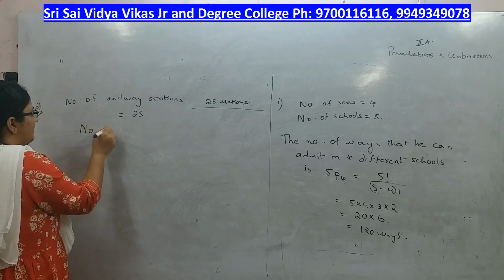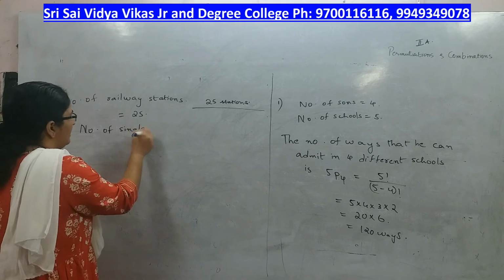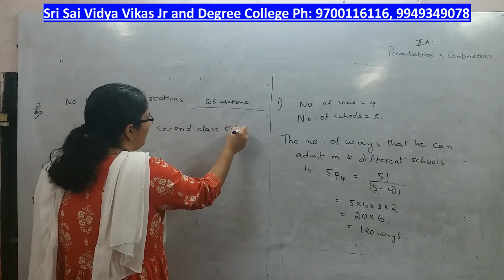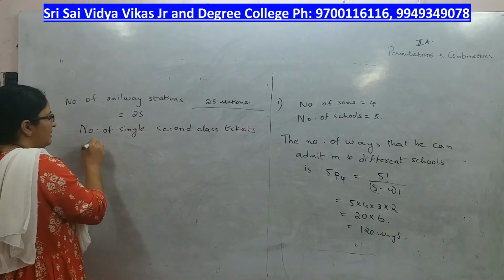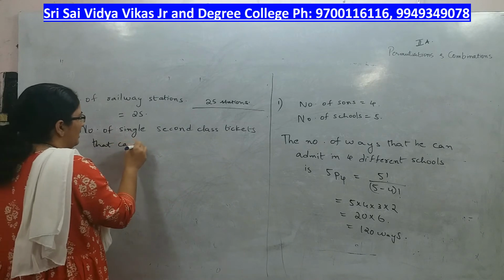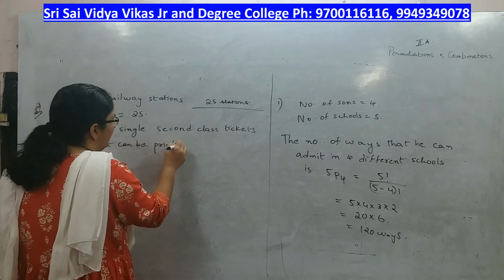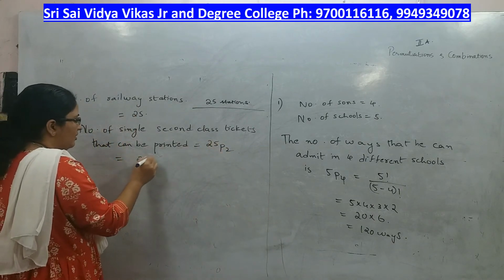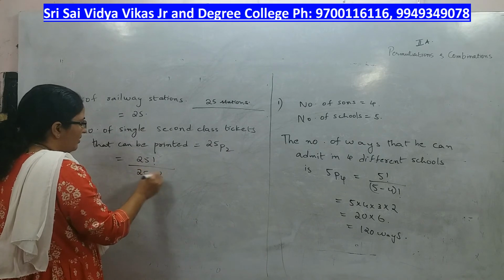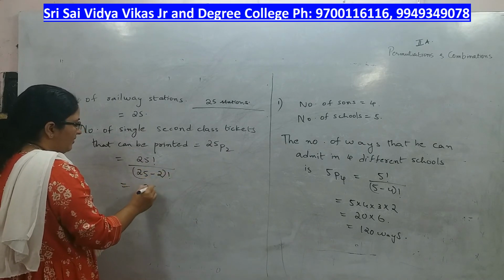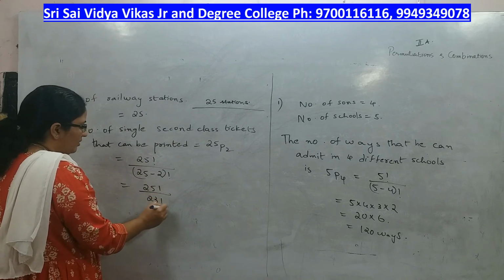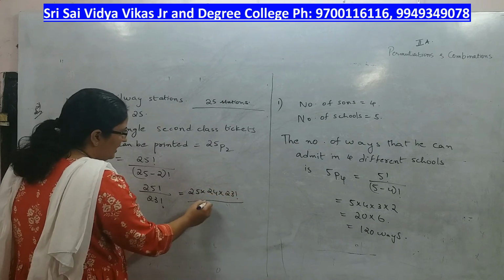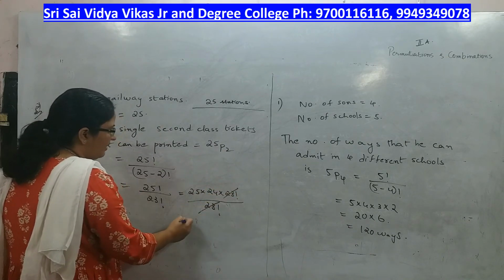The number of single second class tickets that can be printed is equal to 25P2 ways, that is 25 factorial by (25 minus 2) factorial, which is 25 factorial by 23 factorial, which is 25 into 24 into 23 by 23 factorial. 23 factorial cancels.